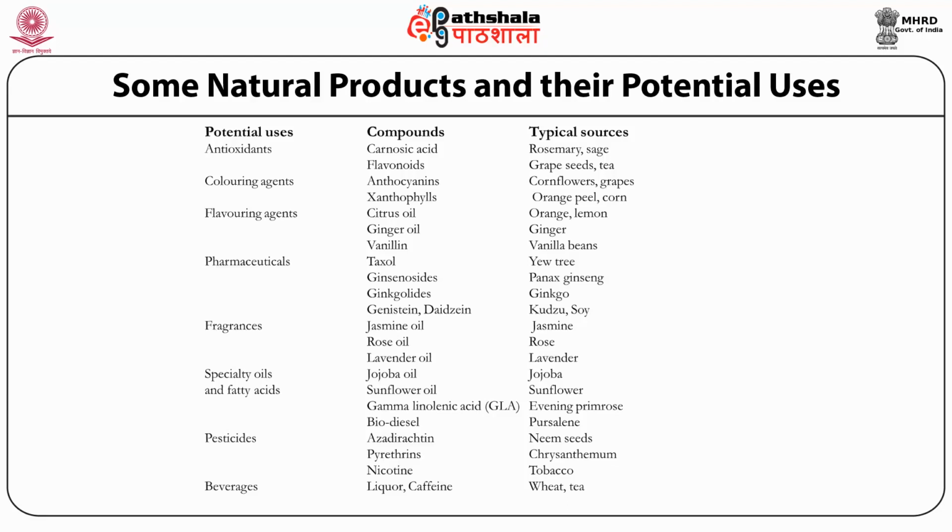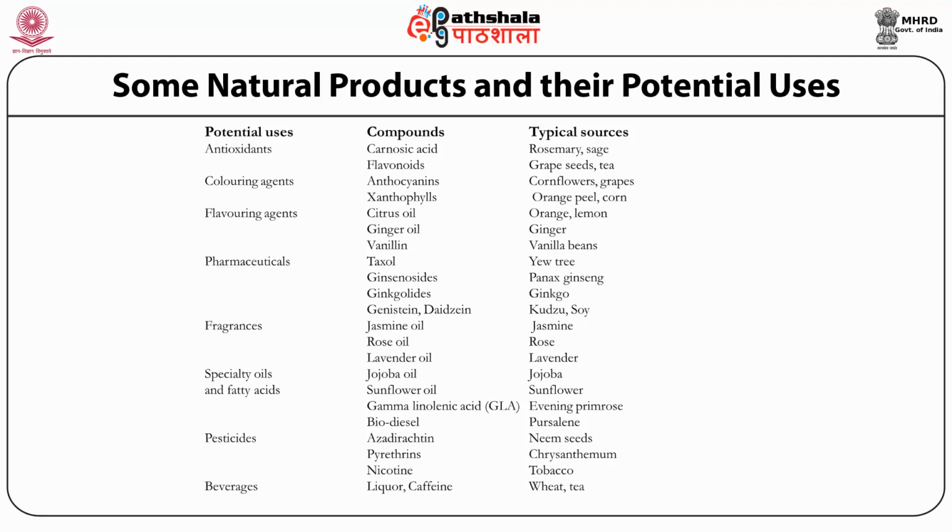So topoisomerase inhibitors like daunorubicin, tetracycline and camptothecin, while antimicrobials like erythromycin, rifampicin and oleandomycin, while antibiotics include cephalosporin, penicillin, kanamycin and monobactam. These natural products account for about 86% of all therapeutic substances obtained from natural products.